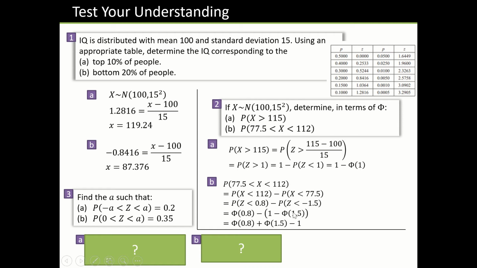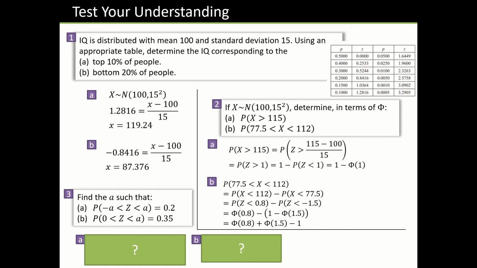Now this could be a negative 1.5. The Z is positive, so we know from symmetry that we can do 1 minus that. So that negative kind of came out front there. And then just rearranging it, they've put the negative 1 at the end because we've expanded this negative. And that's it in terms of phi. That one might be a little complicated, so you might want to try it again and make sure that you look out for problems like that.